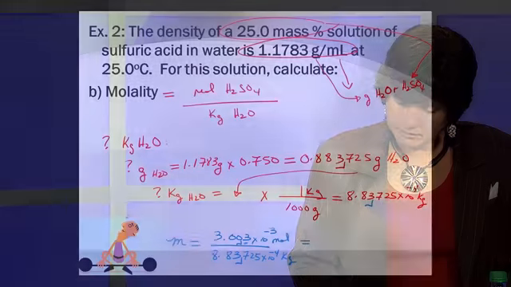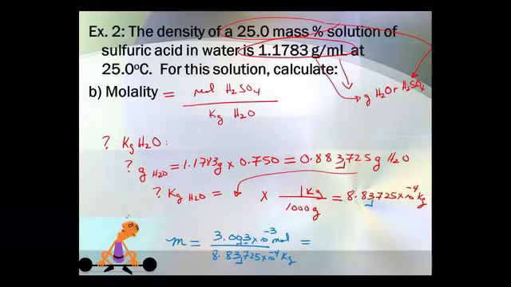So this final calculation gives a 3.40 molal, or we can write it as 3.40 moles per kilogram. Either answer would be correct.